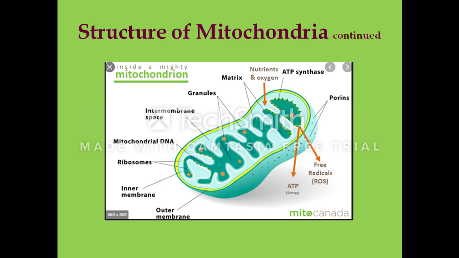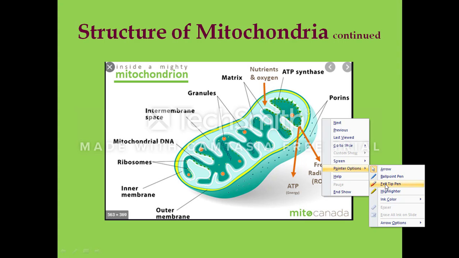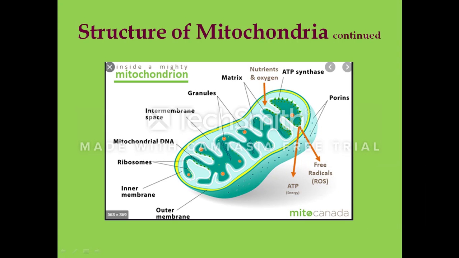This is the structure of the mitochondria. As I told in the earlier slide, it is having outer mitochondrial membrane and the inner mitochondrial membrane. The outer mitochondrial membrane is smooth, whereas inner mitochondrial membrane is not smooth.